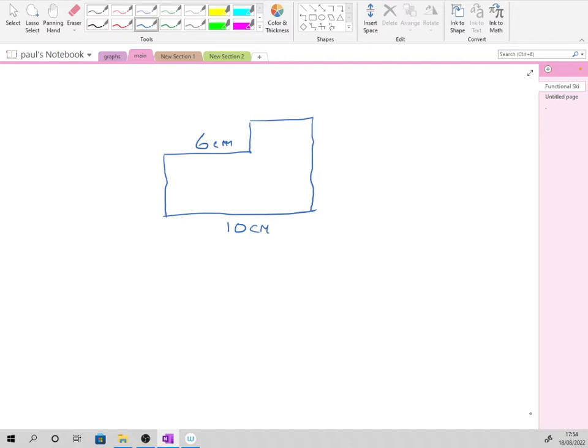We call that 7, and that one's 5. Now again, what we do is the same as when we were doing perimeters: we need to chop this shape up into rectangles. So I'm going to go across there and call that A and call that B.